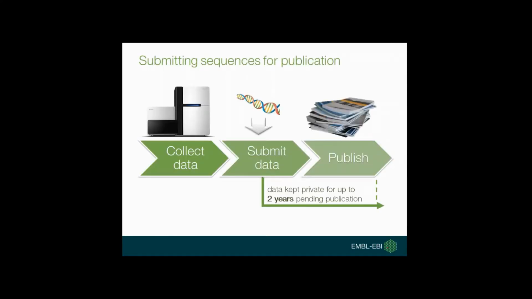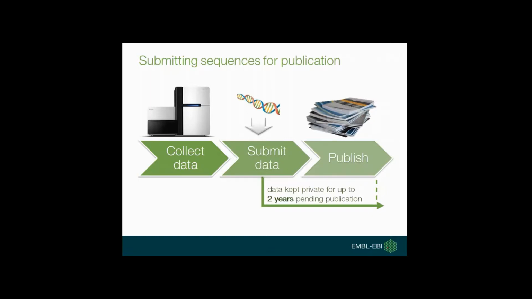Moving on, the first of the scenarios that I gave to you earlier is submitting sequences for publication. I don't know if you're aware of this, maybe a lot of you are already, but in order to publish a study, you really do need to make your data publicly available, and it's a requirement of the vast majority of journals now.